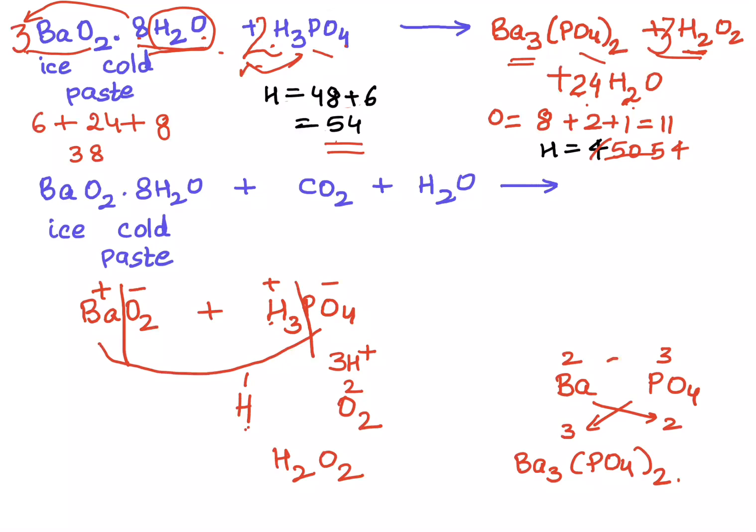Check about oxygen. 4 times 2, 8. 3 times 2, 6. Plus 24. So what do you get over here? 8 plus 6 plus, now you have 24 over here. Very correct.